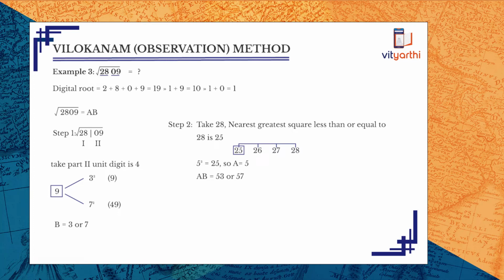Let it be 55. 55 square is 3025. It is obvious that 3025 is greater than 2809. Therefore, the square root of 2809 will be less than 55, that is 53. So we can say that the square root of 2809 is 53.